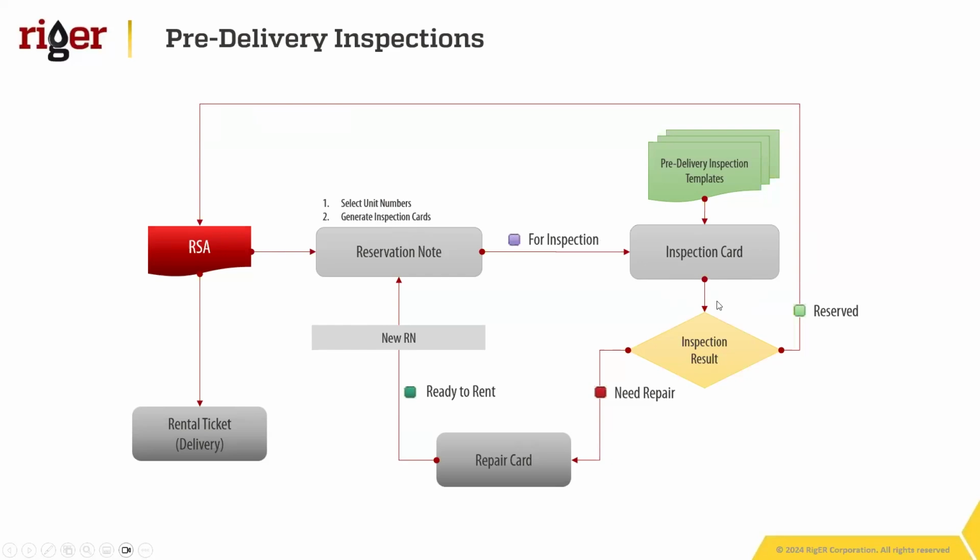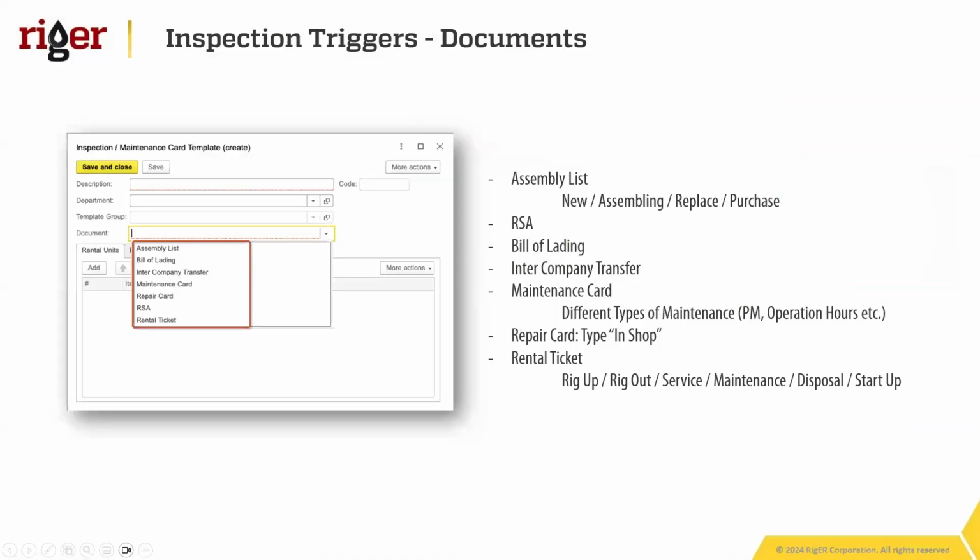You will complete the inspection card and list the result, at which point it will be reserved for that job. You can also say that upon inspection, we have to issue a repair order and send it that way until the repair is done and the unit's ready. We'll show you a little bit more of this in the next few slides.